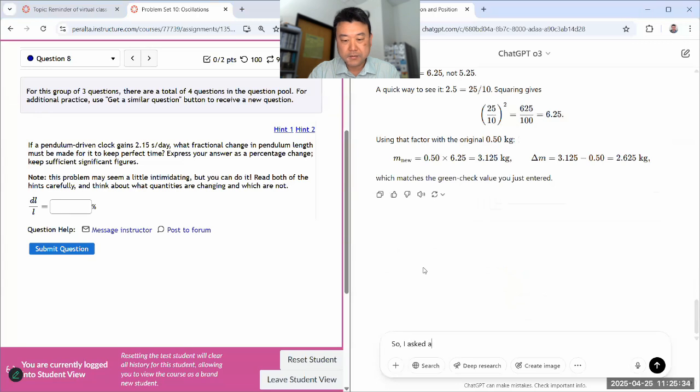So I asked around for help with this question, and I'm getting a bit of conflicting advice. Where would you start with this question?